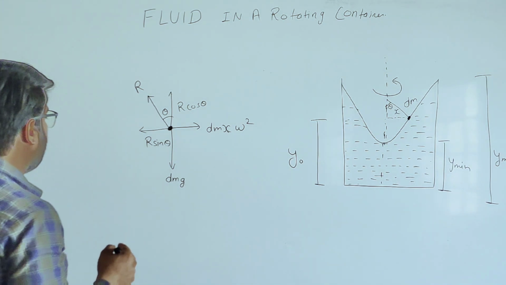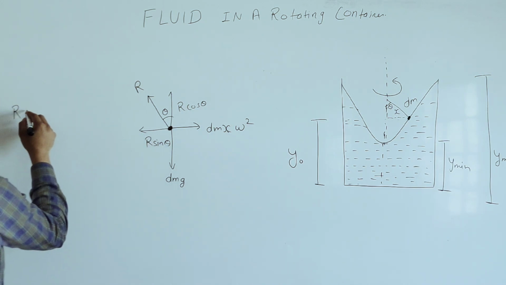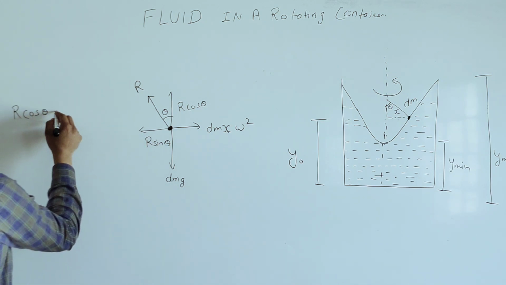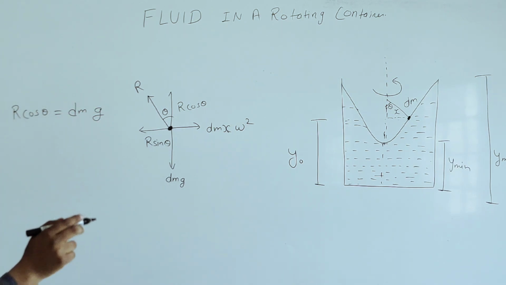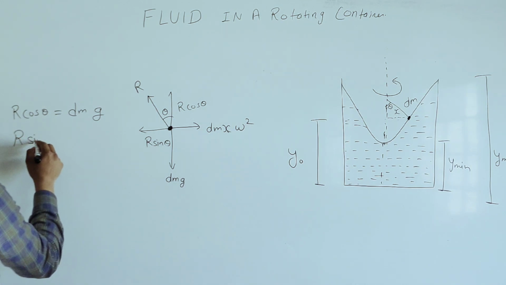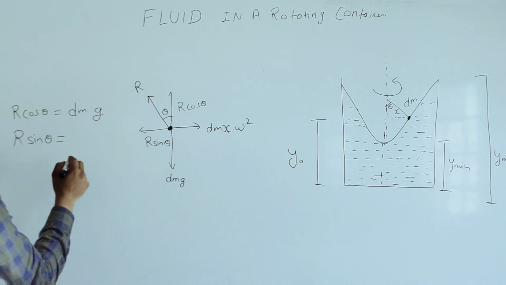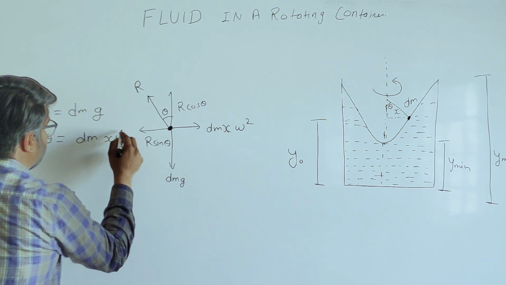If we write down all the force equations, we have r cos theta equal to dm into g, and another one, r sin theta, equal to dm x omega square.